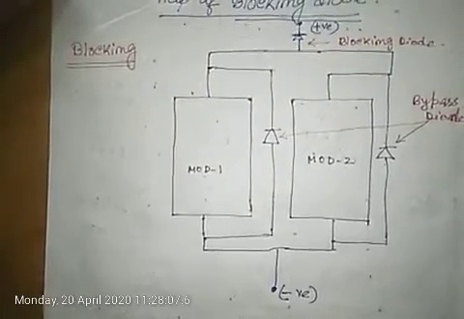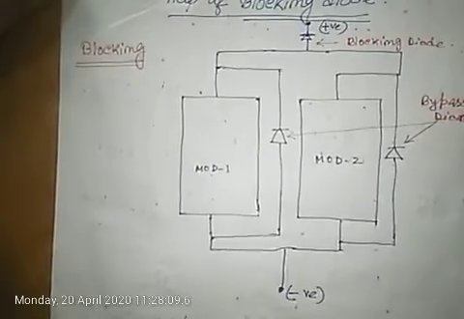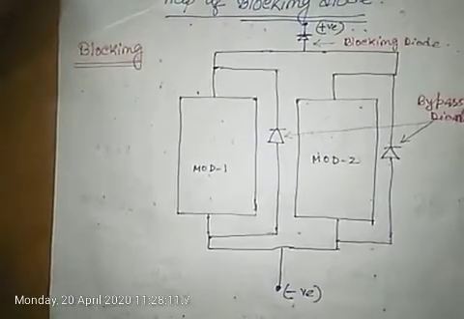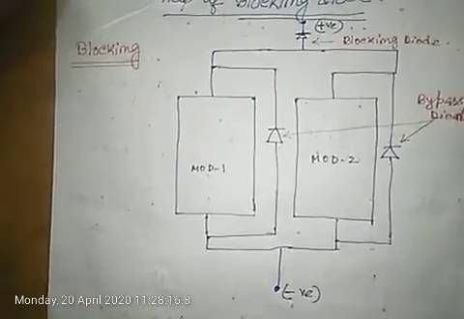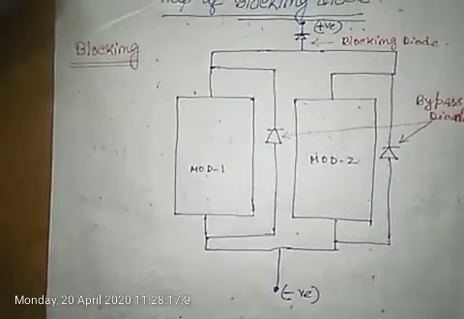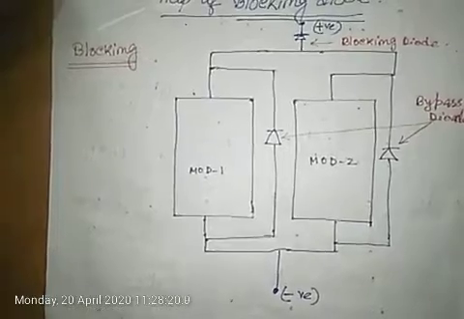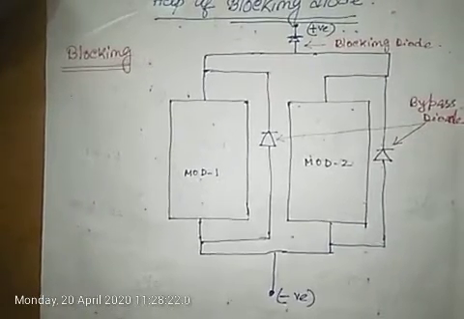And solar PV is a PN junction, photodiode-like thing, which can convert solar energy to DC electricity.